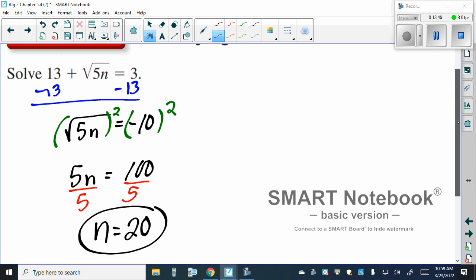Now, there's not a variable on the outside, but this one here, it's going to be good to check it. Let's check it to make sure, because we've been covering extraneous solutions today. Might as well check this one as well. If we check this one here, so 13 plus square root of 5 times 20 is equal to 3.